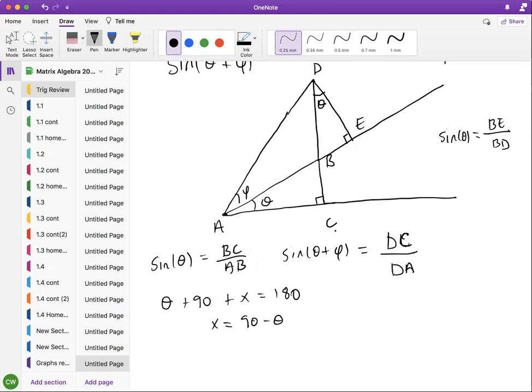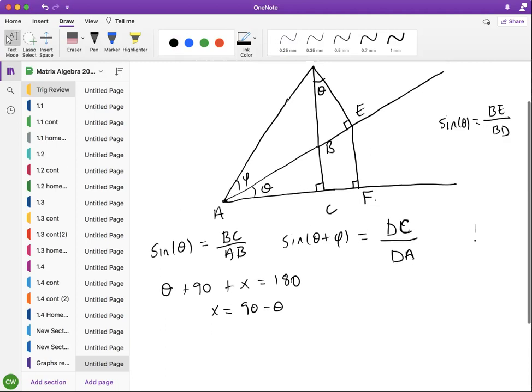So both of these values are the same, BE over BD and BC over AB. So one more thing we're going to do for the proof is that we're going to draw a perpendicular from E, and let's call this F.